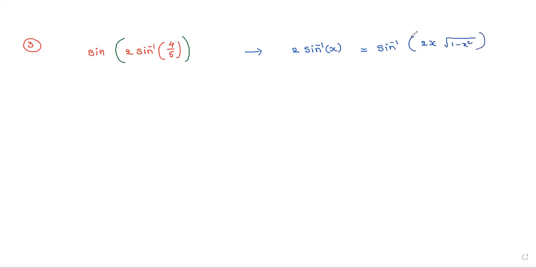So I will write sine of, with x equal to 4 by 5, 2 into 4 by 5 root of 1 minus 4 by 5 whole square.